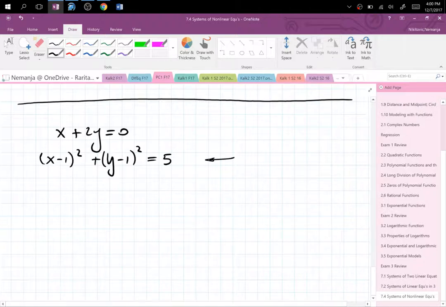Where is the center of the circle? (1, 1). Very good. And the radius is root 5. Good thing we don't have to use it, but it's root 5.